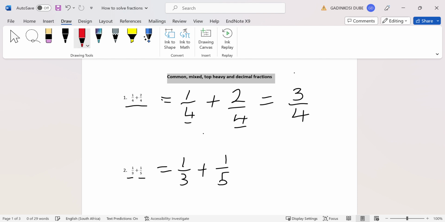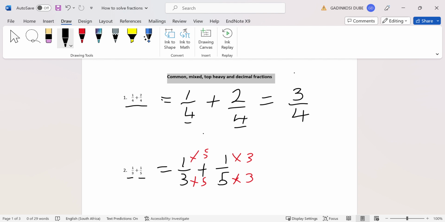If you look at it this way, this multiply by 5, this one multiply by 5, okay, this one multiply by 3, and this one multiply by 3. Why are we doing that? Because we want to convert that denominator to 15, and we also want to convert that denominator to 15 so that there's a common denominator, and it's going to be easier for us to add the numbers.